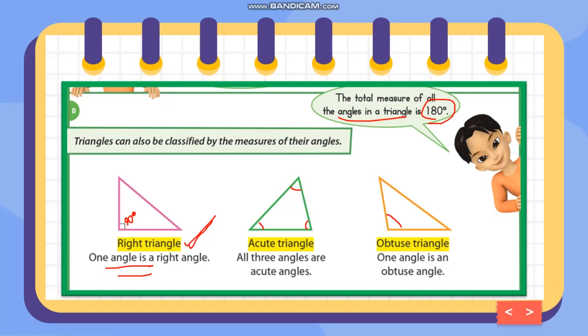Again, triangles can also be classified by the measure of their angles. A right triangle has one right angle. Acute triangle, all angles are acute, or less than 90 degrees. Obtuse triangle, it means one angle is an obtuse angle, more than 90 degrees but less than 180 degrees.